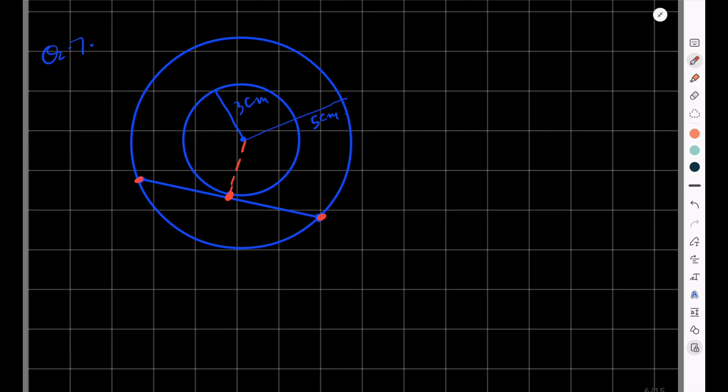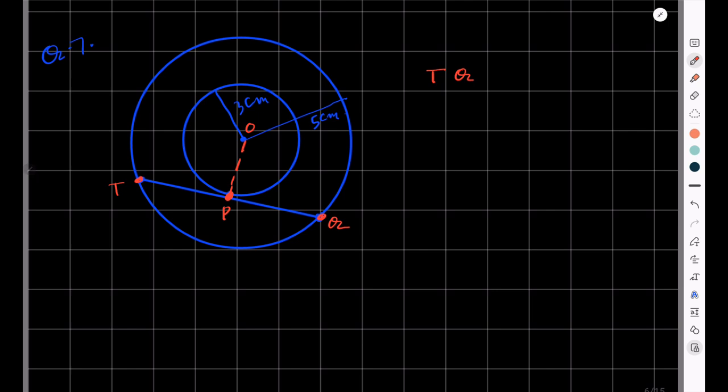So that is the question, and let us just name them O, P, Q, T, for example. So we have made a diagram, and let us see what needs to be found out. We actually have to find the length of TQ, or the length of the chord.